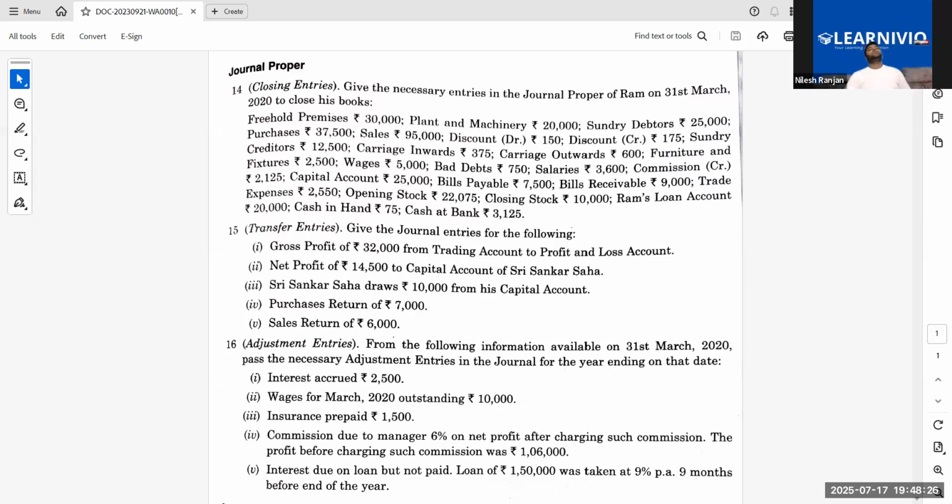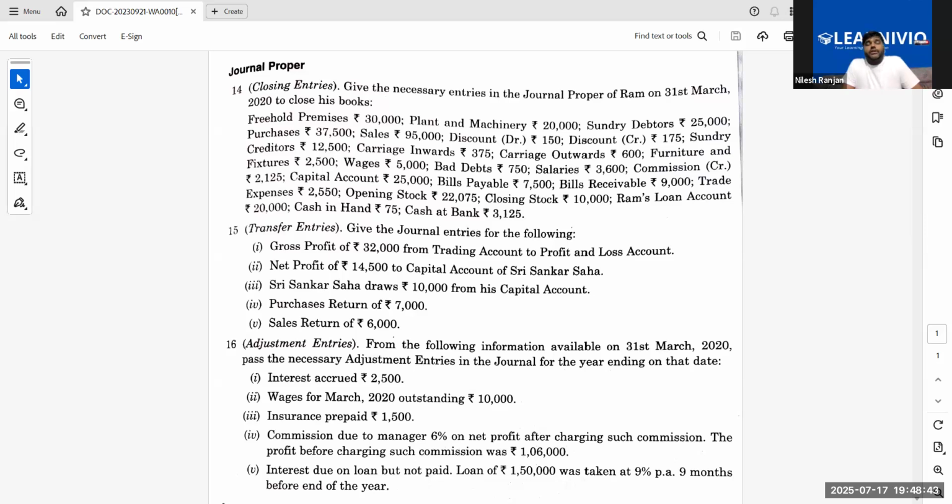First of all, we try to correct the error at different stages: after journal, after ledger, after trial balance, or after final account, we will try to rectify the entries.